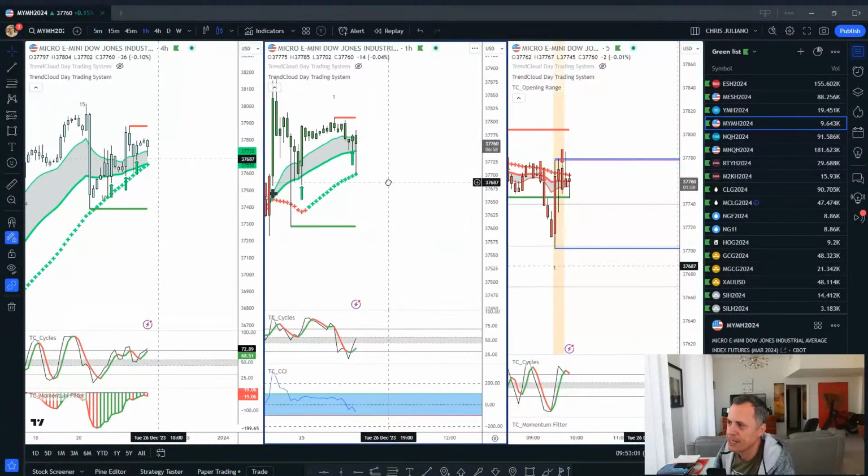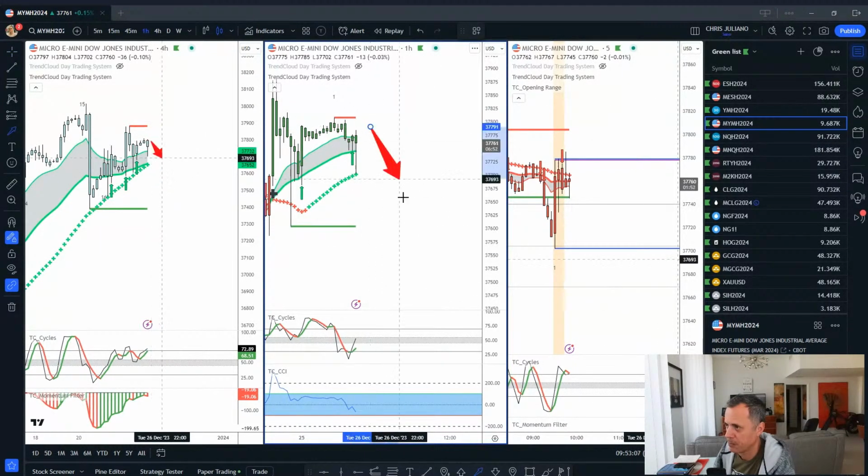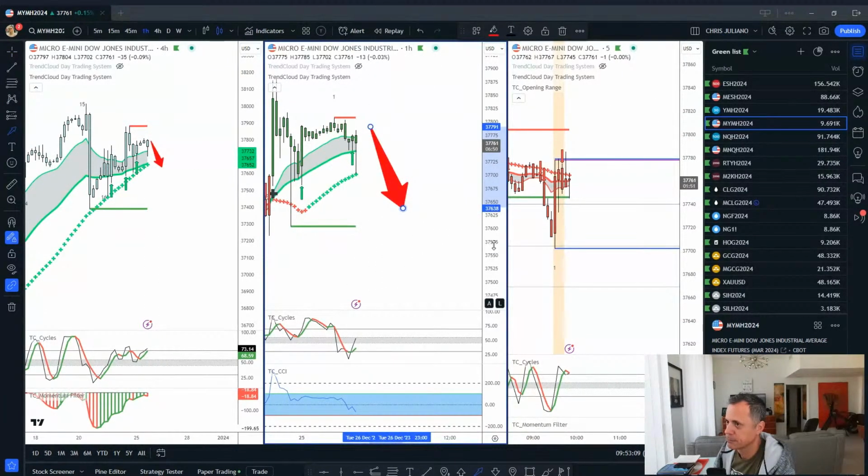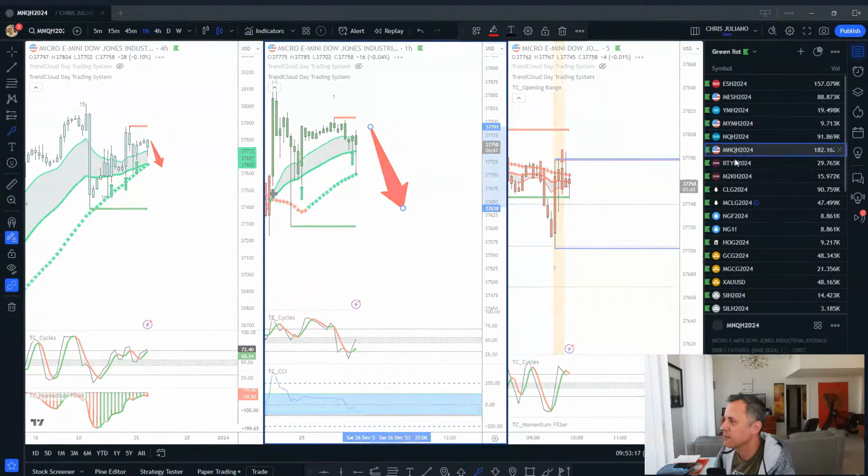And what is that going to do? It's going to push us down. And then we're going to have more information to the downside to work with. So not really looking at that.